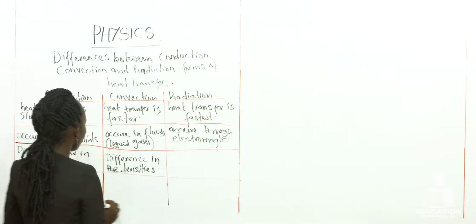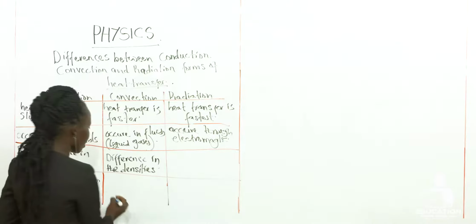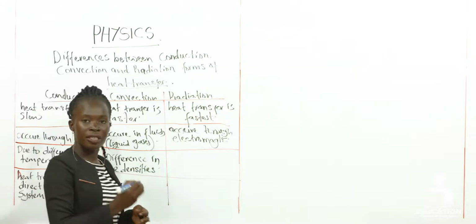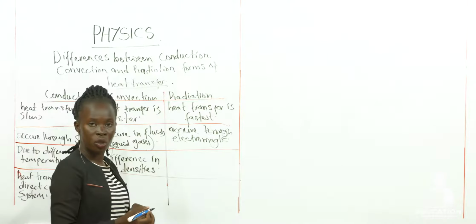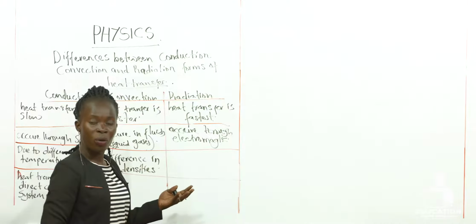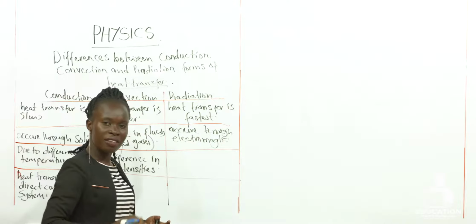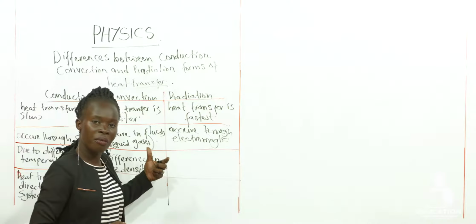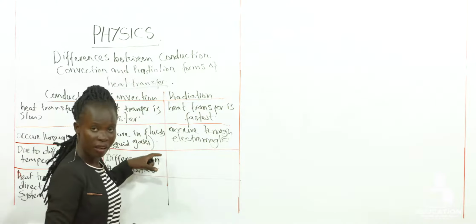With convection, we are saying that it is due to the movement, the random motion of the particles. If it is actual motion between these molecules, it will give you the form of heat transfer known as convection.